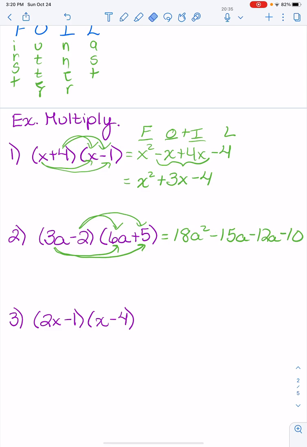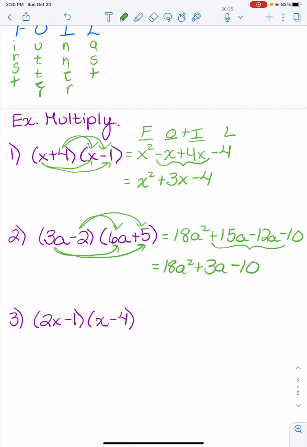Look. Whoops. I don't know why that happened. Wait. This is supposed to be positive. I don't know what hit the eraser there, but something did. Okay, so we're going to combine those. And we're going to get 18a squared plus 3a, 15 minus 12, minus 10.